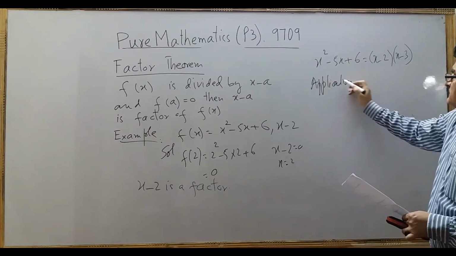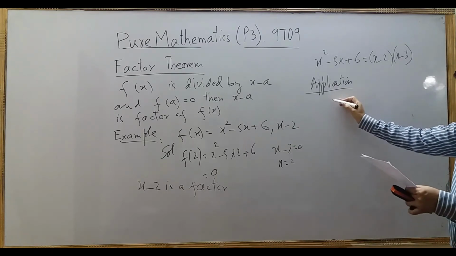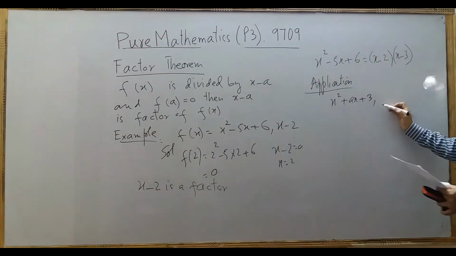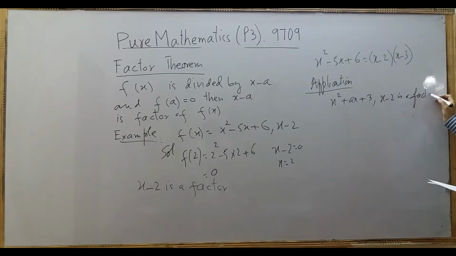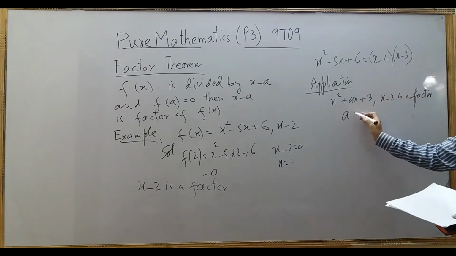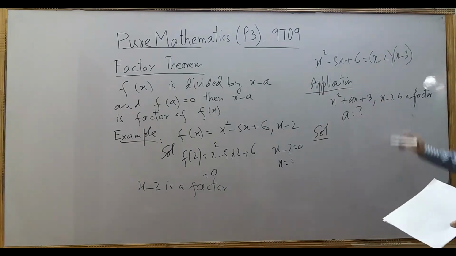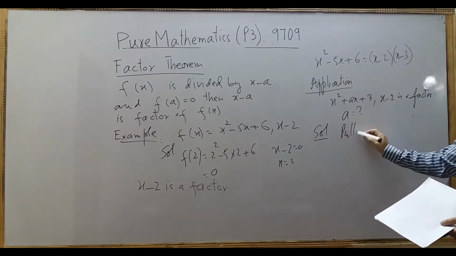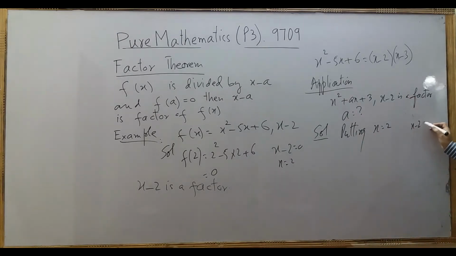Here we have a simple application of this: given that we have the polynomial x² + ax + 3 and x - 2 is a factor of it, find the value of a. The solution is that we put x equal to 2, because I have given you this tip that you put this equal to 0, get 2.